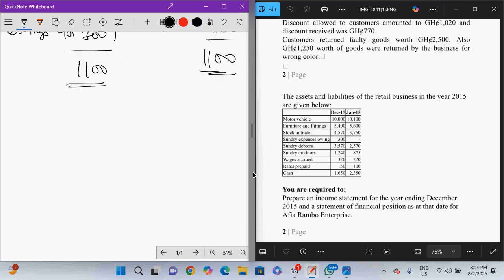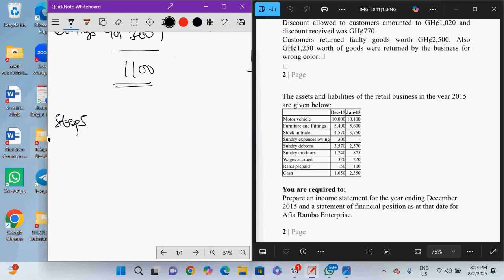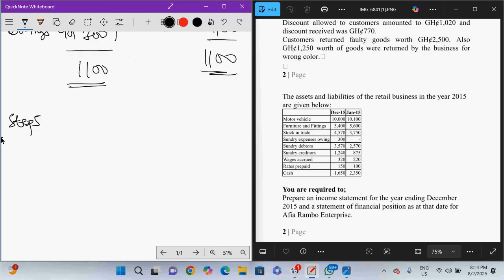So moving on to step 5. That's what the question actually requires, which is the preparation of the income statement.